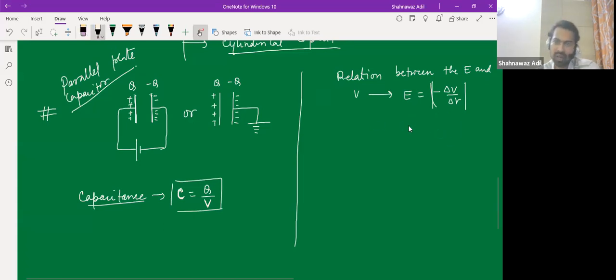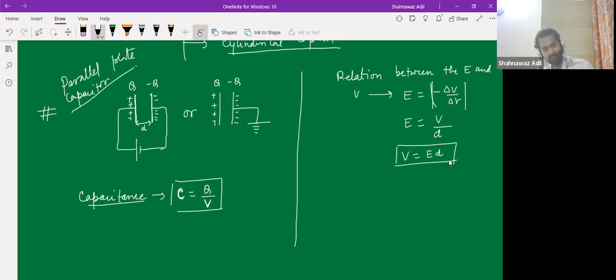The potential difference between these two plates is V, and the distance between these two plates is t. So E would be V by t, so V is E into t. Is this clear, guys? So what do we have to calculate?